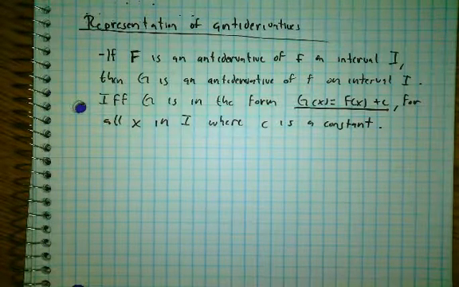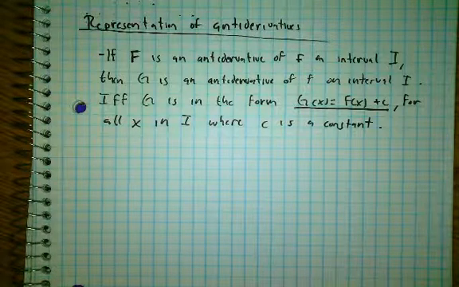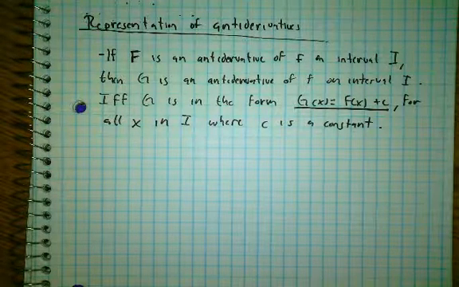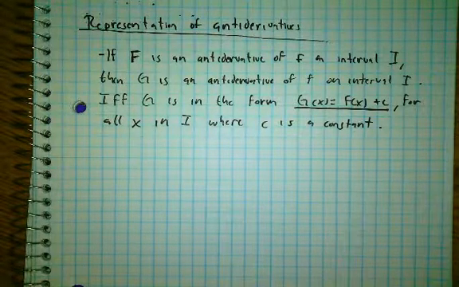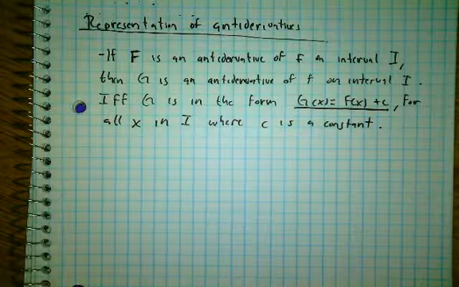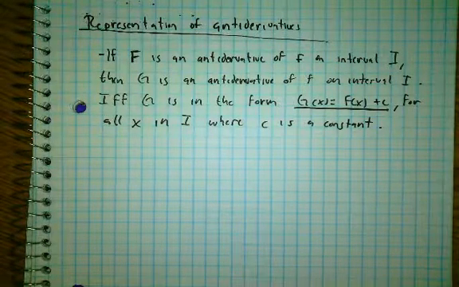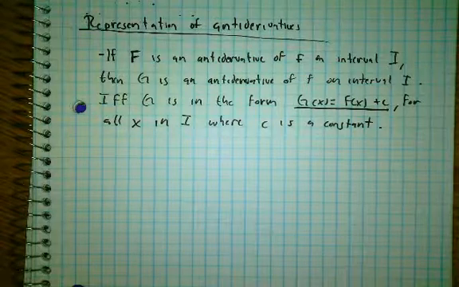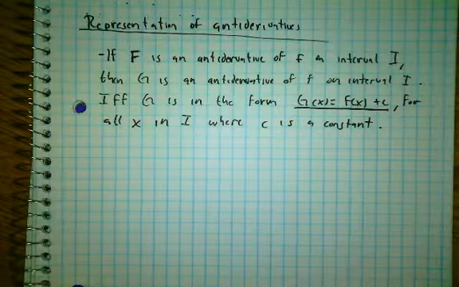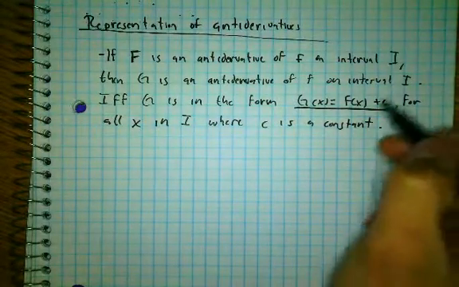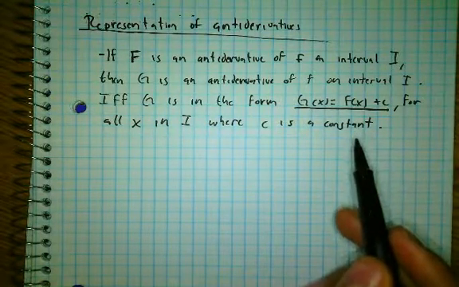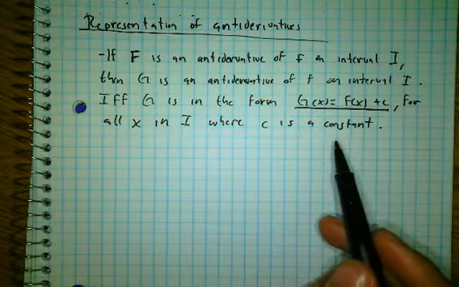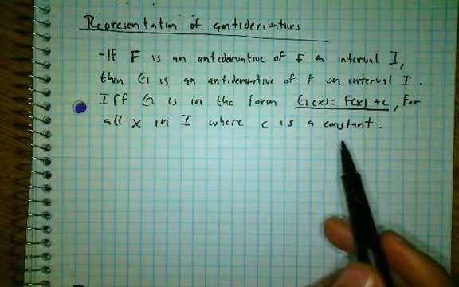There's no way for you to really know whether you had a 1, a 2, a 100. Agreed? So when you're going backwards, you're going to get a function plus c, where c is some constant. Sometimes you're going to have enough information to figure out what the constant is. Sometimes you're not. So you're just going to have some constant there.